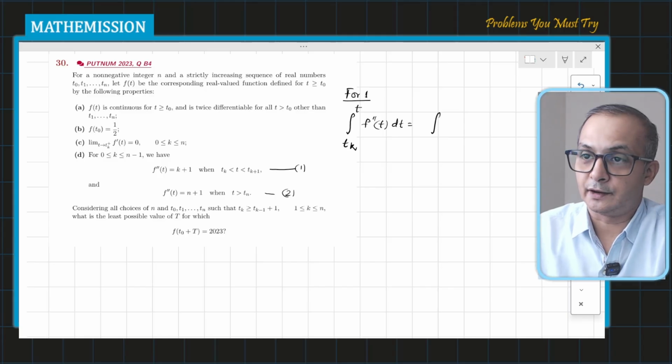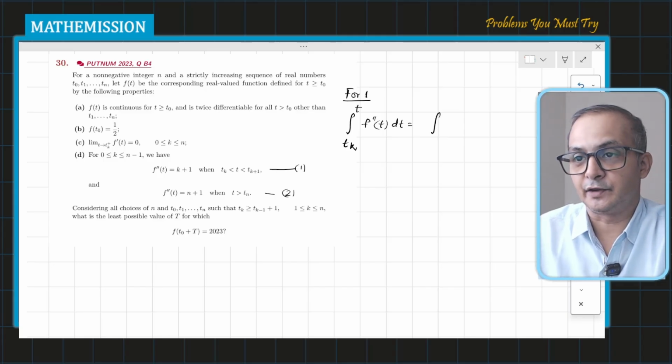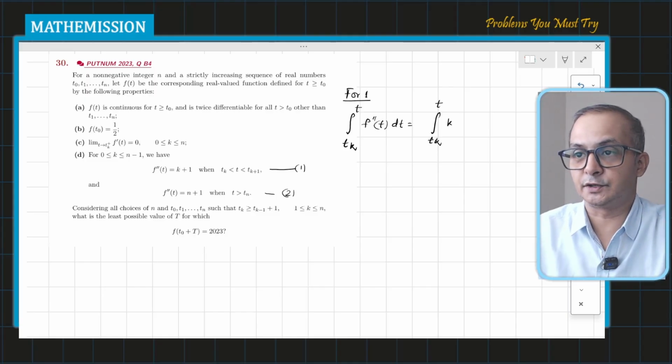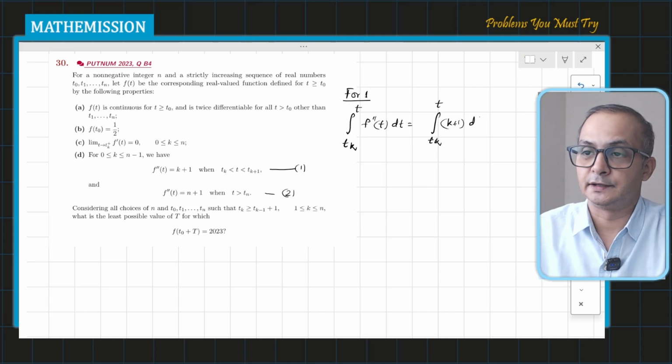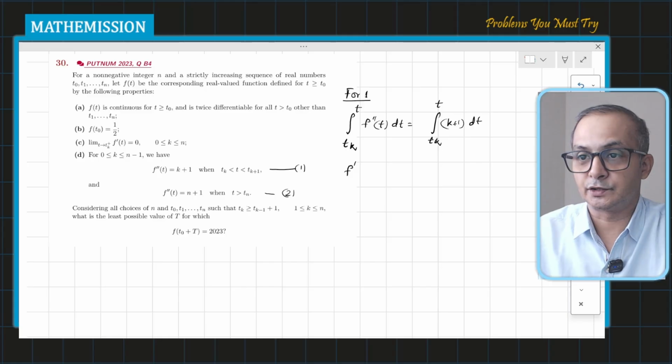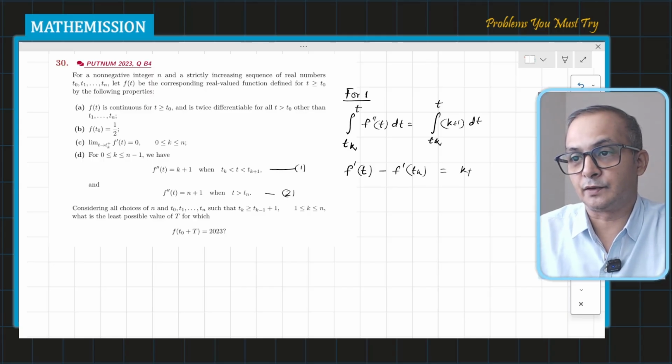On the left hand side I have the second derivative, and on the right hand side I have again tk to t, and the constant is k plus 1, dt. So you notice when you integrate it, I'm writing quickly, so I hope you understand. We get f dash t minus f dash tk, and there we get k plus 1 times t minus tk.